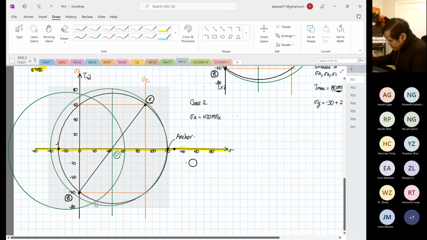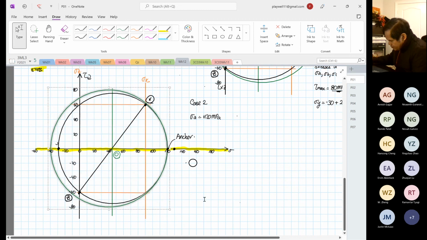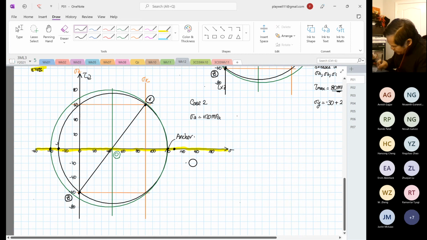Remember, this circle is at maximum shearing stress of 80 megapascal. So I'm going to get this down. We are good. So now over here, this is our Y2. And then I'll put in our circle. That is the outermost circle.